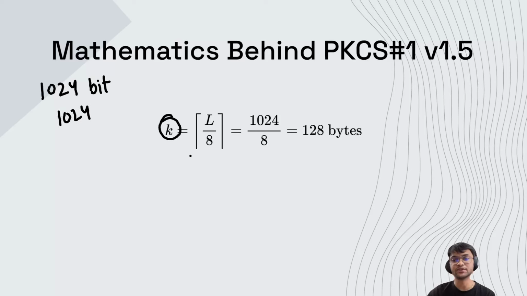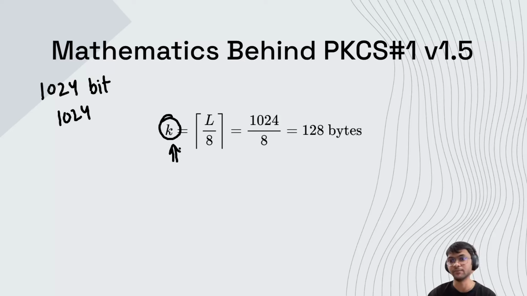Since there are 8 bits in a byte, if your RSA modulus is L bits long, then you can compute this K using the formula ceil of L over 8, which is 1024 over 8, which is 128 bytes. The total length of the encryption block will be equal to this key length K in bytes.